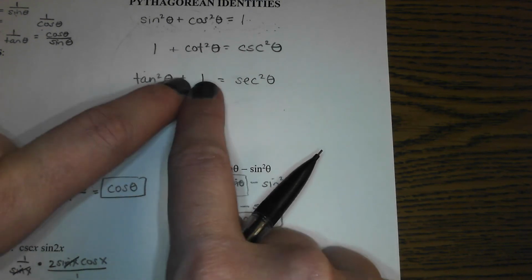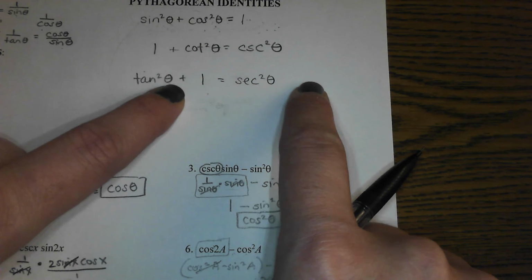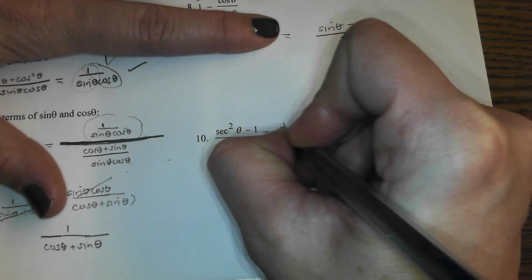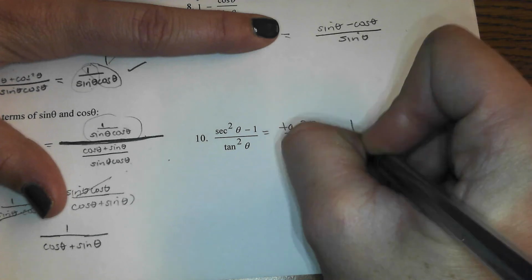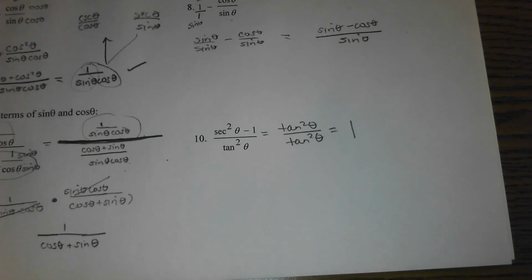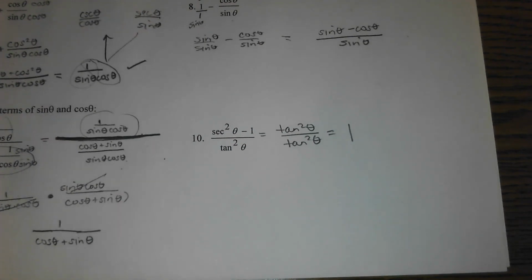If I subtract this 1 over, what will it equal? Tan squared. So that top can just become tan squared over tan squared 1. Okay. On your homework, just figure out. Do the opposite.